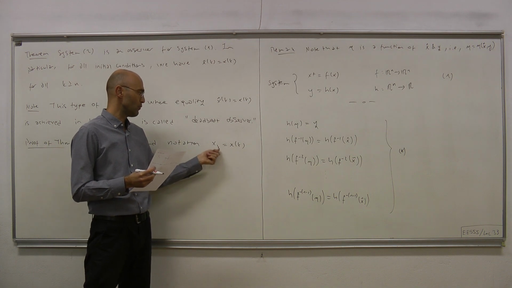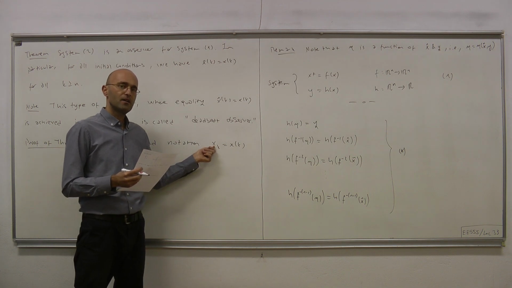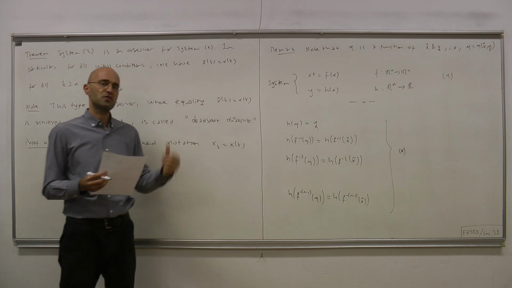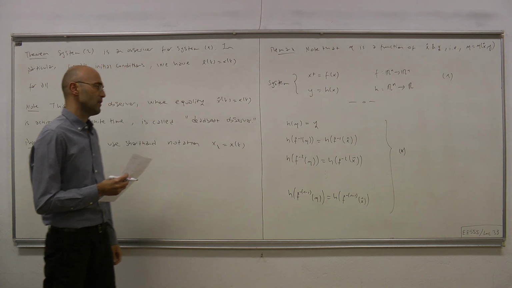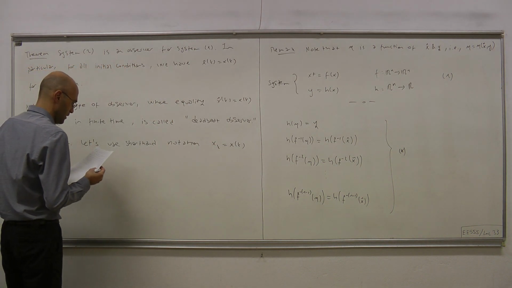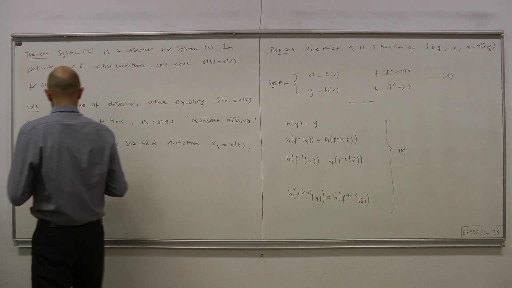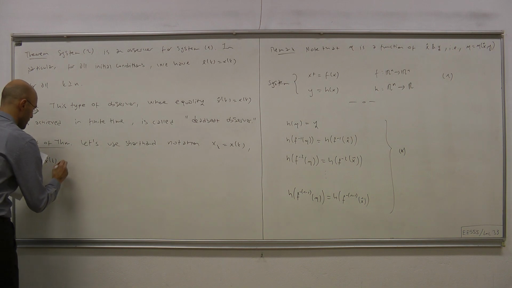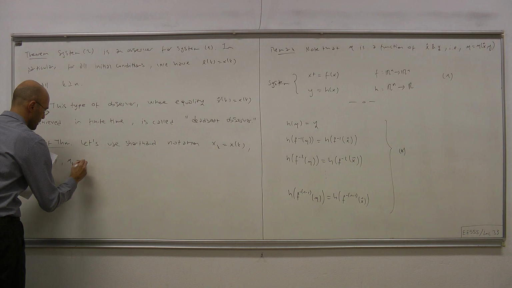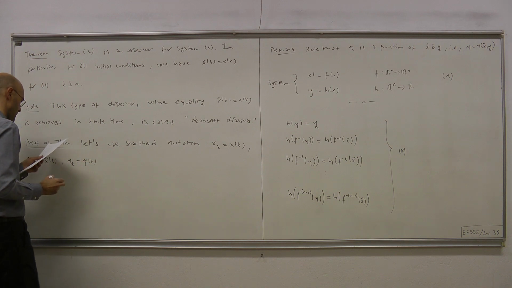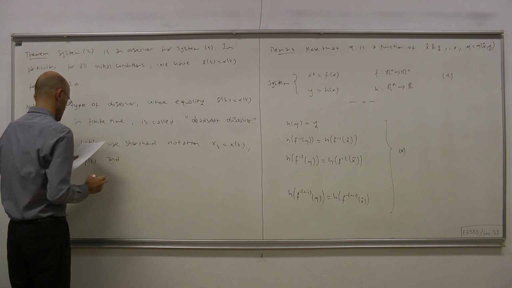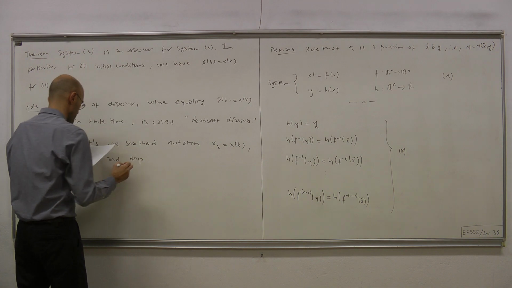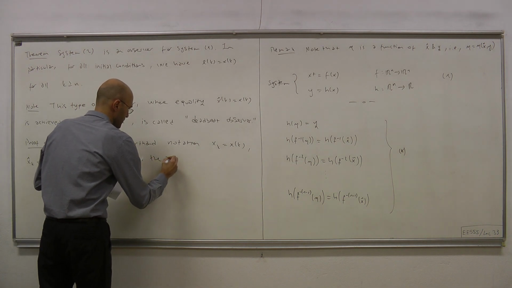Okay, so this is the value of the state at discrete time k. Initial condition starts for initial time k equals 0. Likewise, x hat sub k is this, eta sub k is this, and further drop the parentheses.